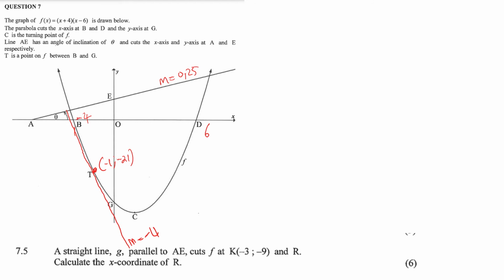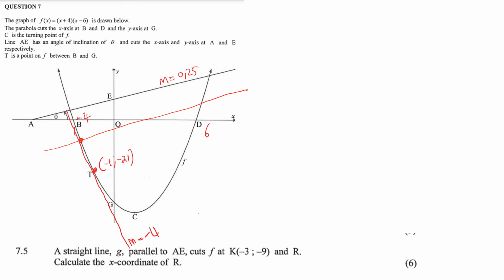There's a straight line G which is parallel to AE. So we're just going to make a line that looks parallel to AE there. There's the line. Then it cuts F, this is F, the parabola, at K, which is (-3, -9).